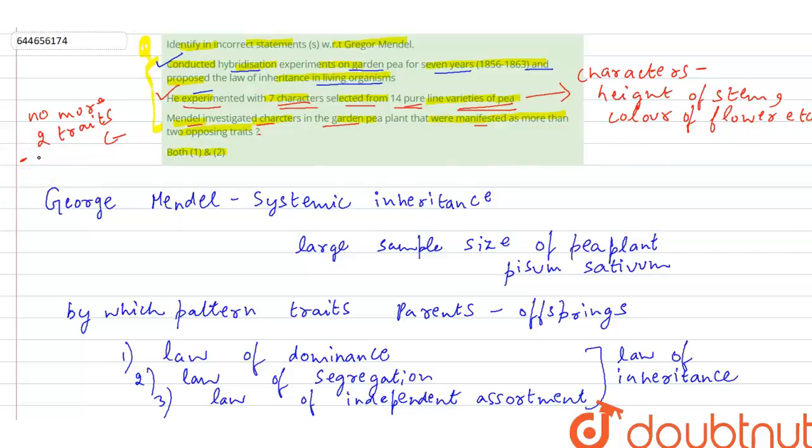There were two traits of height, that is tall and dwarf. So there was no intermediate trait between tall and dwarf. So this statement would be the incorrect statement, as there were only two opposing traits. No more intermediate traits were there.